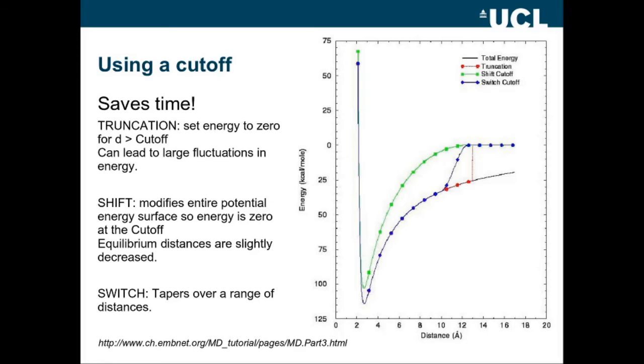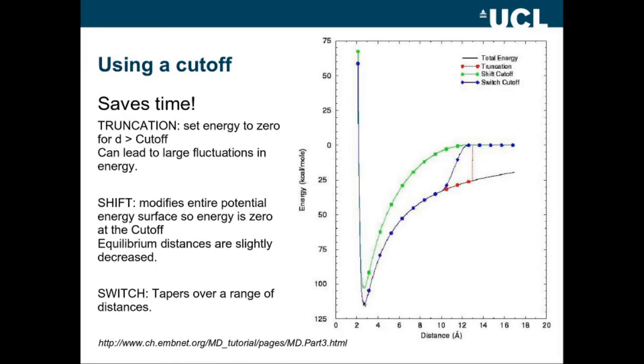So what we could do is simply truncate the energy calculations. As soon as the distance becomes larger than some cutoff, then we ignore this particular interaction and don't include it in our calculations. This is shown in the graph on the right by the red line. The black line represents the actual energy with no cutoffs.